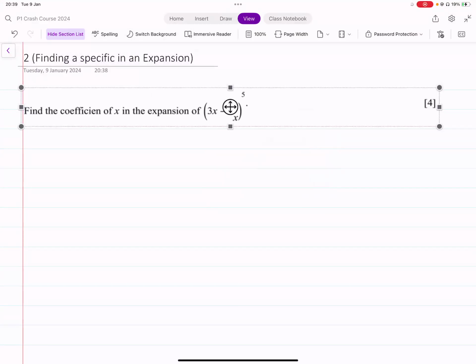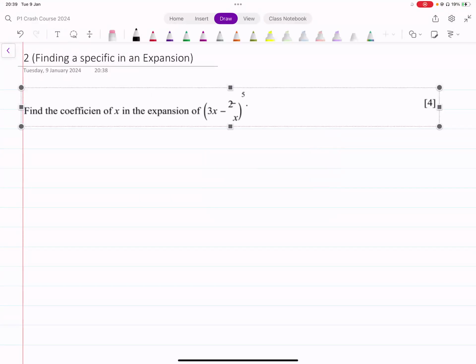Okay, so what does it say? It says, find the coefficient of x in this expansion. There's a slight misprint here. Let me just correct this. It's (3x minus 2 divided by x) whole raised to the power 5. I'll write that again here as well. It's (3x minus 2 over x) whole raised to the power 5.